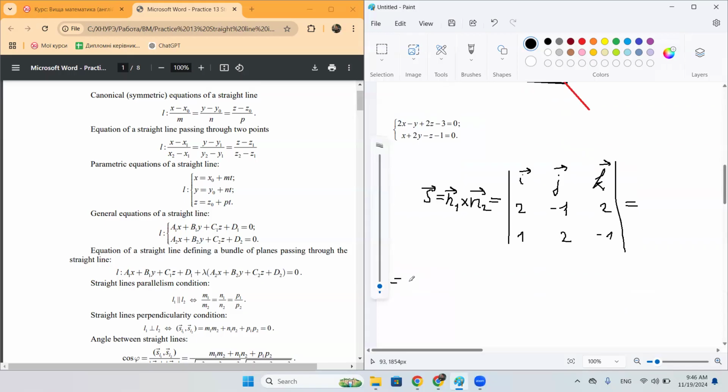So minus i, plus 2j, and plus 4k. Then plus k, plus 2j, and minus 4i.